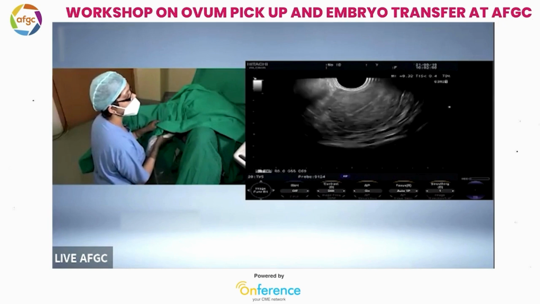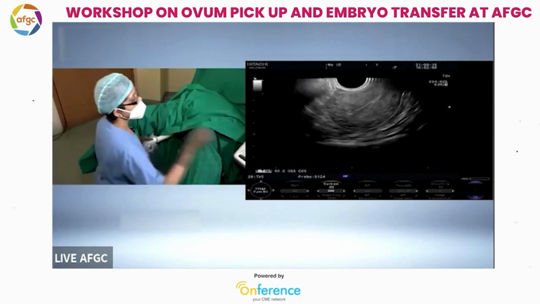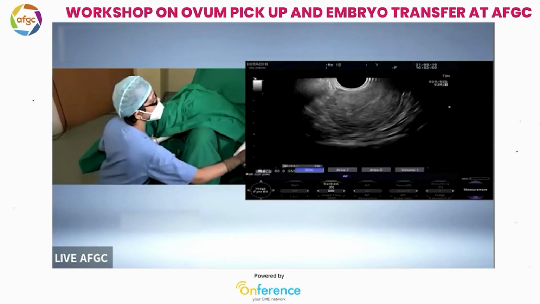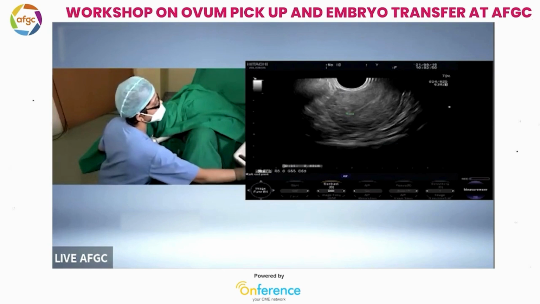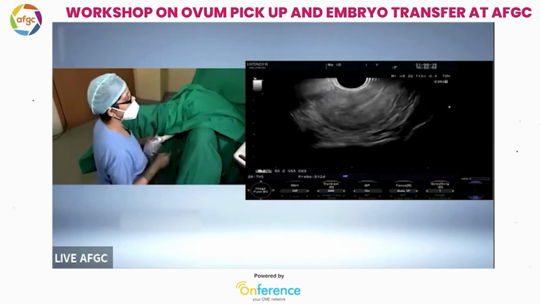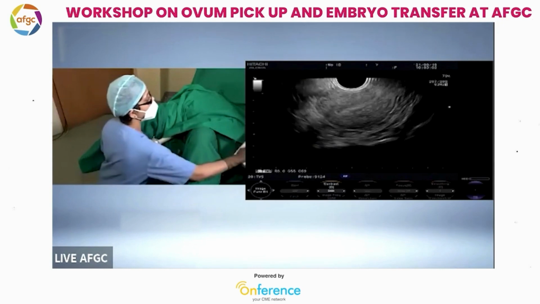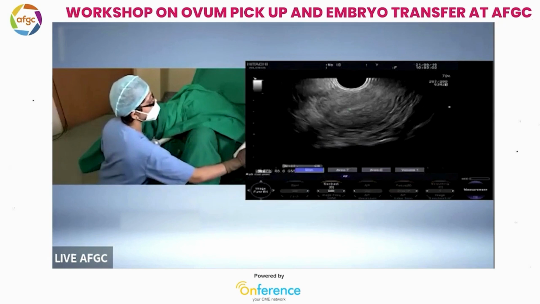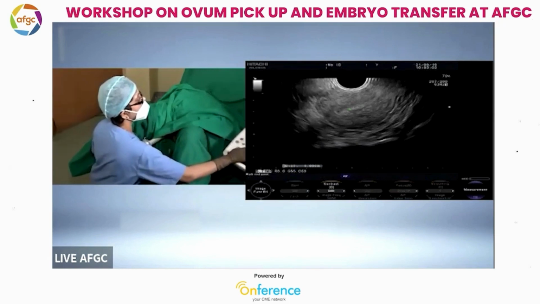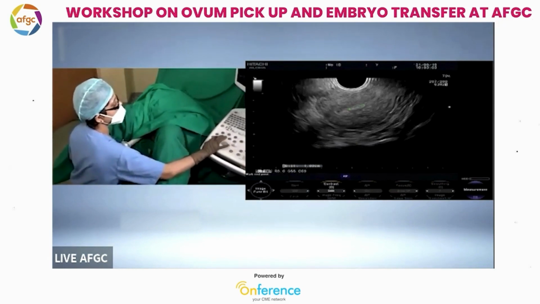So please freeze. At the fundal edge, I can see something. It is 0.4 millimeter. It's an endometrial polyp. And at the mid cavity again, I can see it is about 1 centimeter.